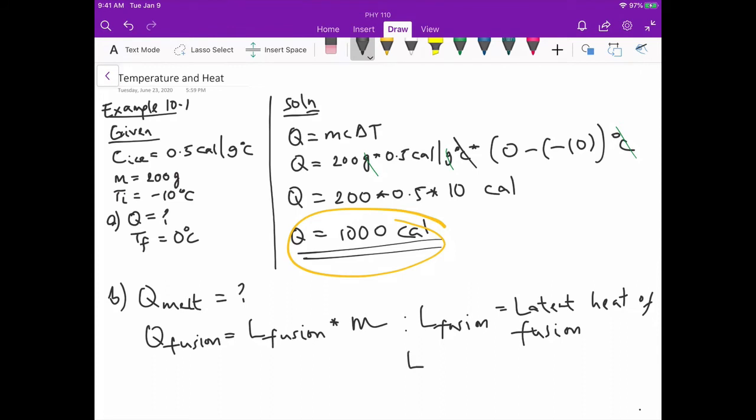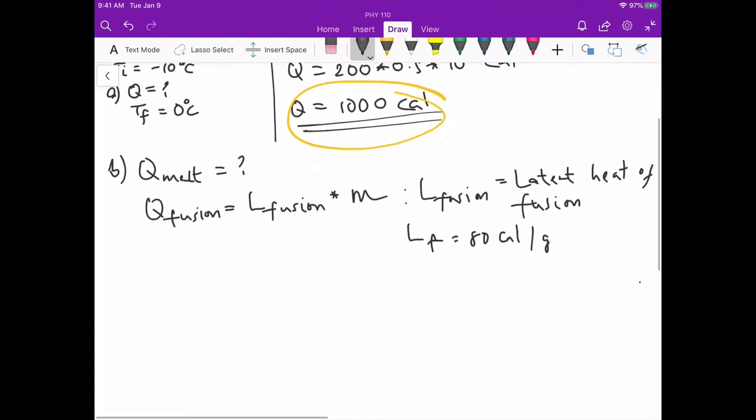And L fusion is 80 calories per gram. So you need 80 calories for every gram of ice to convert it from ice to water. So your Q fusion, you can call it Q fusion or Q melt, both are the same thing.